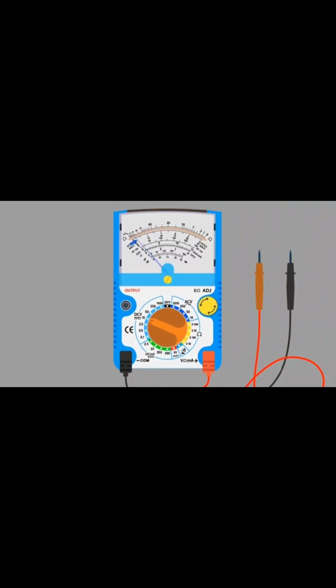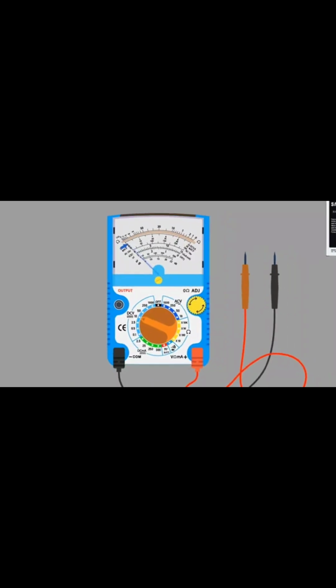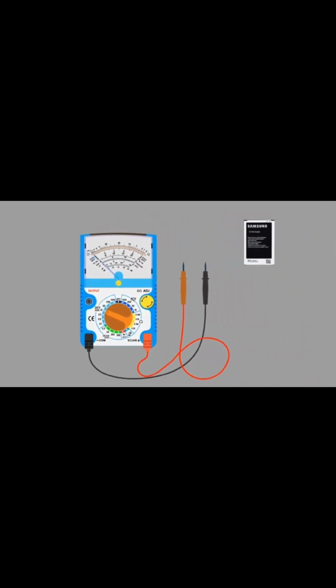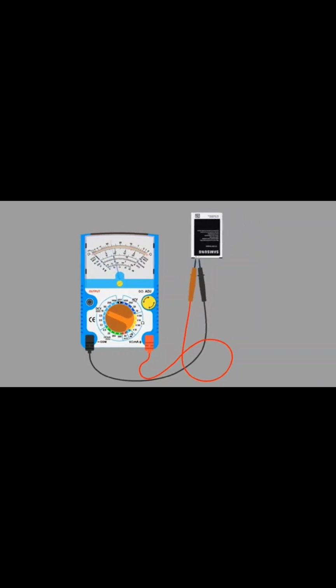If we see the needle, it is not at 0. So, it needs to be calibrated before taking any reading. In order to calibrate it, rotate the 0 ohm knob clockwise or anti-clockwise with the help of a screwdriver. Now it is calibrated and ready to take a reading. Connect the positive terminal of the battery to the red wire and the negative terminal of the battery to the black wire.